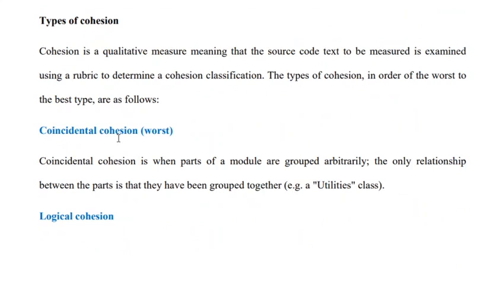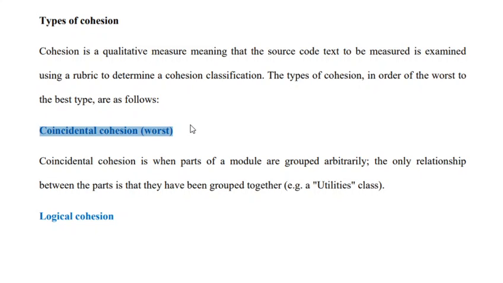Now, let's go through each of the cohesion types in a little bit detail. So as you've already studied, cohesion is the functional strength of a module or the strength of a particular module in exhibiting desired behavior. So behaviors are exhibited by the functions that are there inside the module, right? So coincidental cohesion basically refers to a situation where functions are coincidentally included in the module, right?